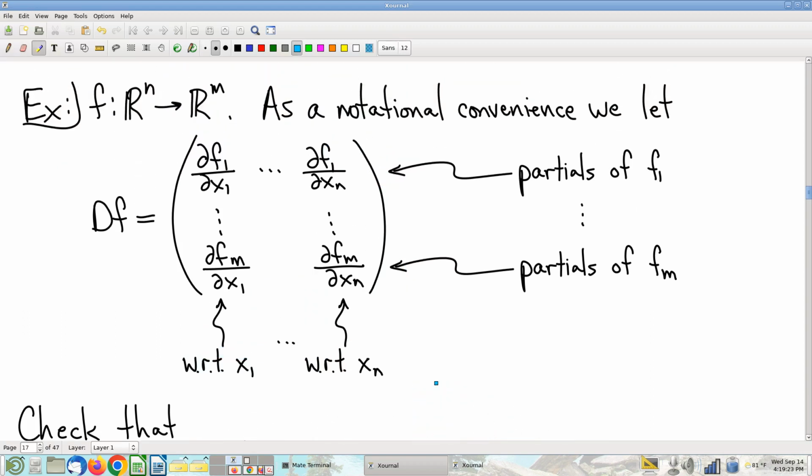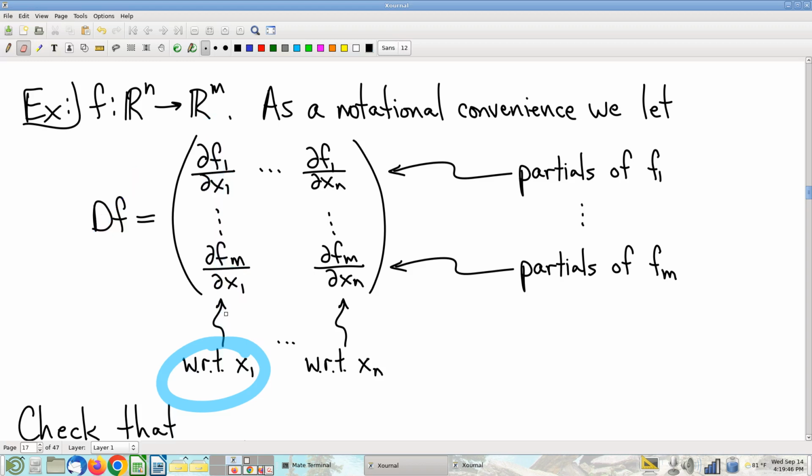Real quick, last thing I want to observe. Notice that in this first column, and this is the magic matrix that does it, this thing I'm calling df, in that first column we're always taking the partial derivatives with respect to the first input variable, and then so on.